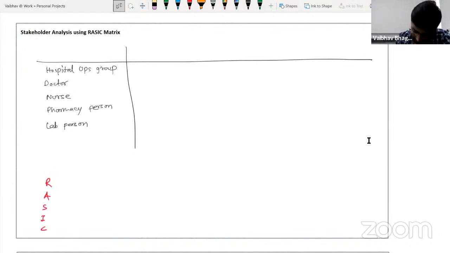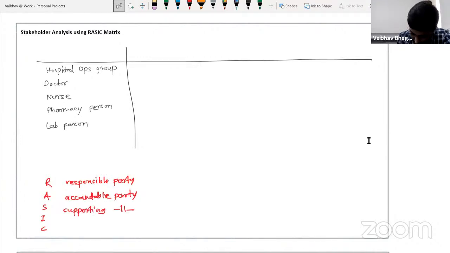R stands for responsible party, A stands for accountable party, S stands for supporting party, I is informed, and C is consultant.